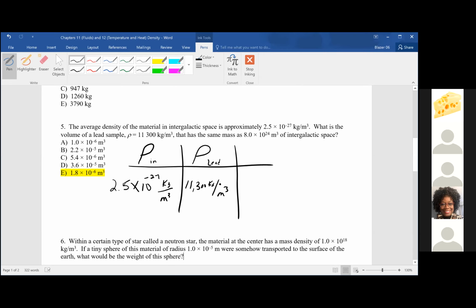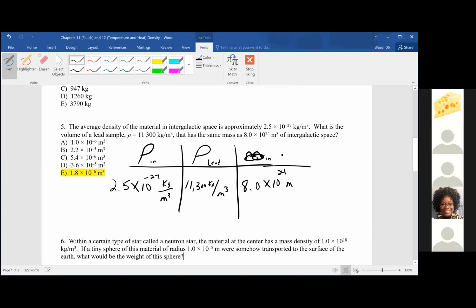Okay, so what is the volume of a lead sample that has the same mass as, so they gave us the mass of the intergalactic. So the intergalactic mass is, oh no, this is meter cubes. So they gave us the volume then.